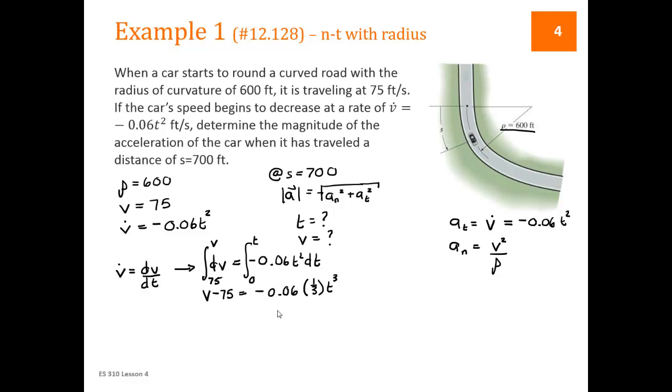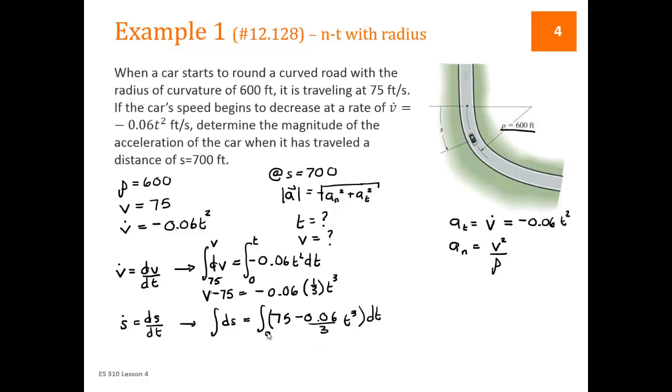Now we take another integral, because s dot is equal to ds dt, and we know information about s. So we've got the integral of ds is equal to the integral of the expression we just got, of v dt. So 75 minus 0.06 over 3 t cubed dt.